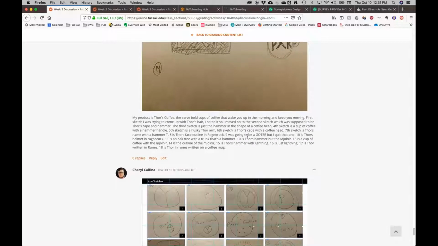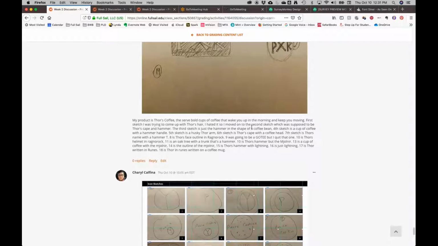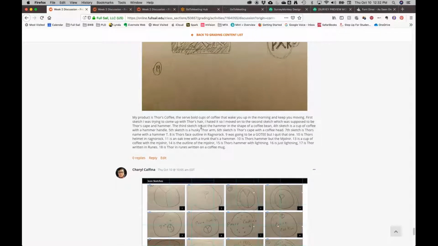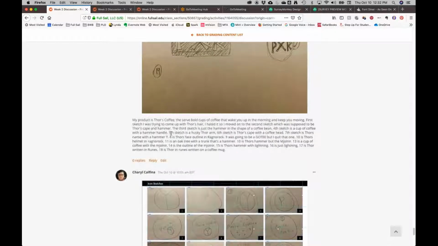All right, so the cape and the hammer. The hammer shape with a coffee bean. The 4th is a sketch of the cup with a hammer handle. Husky Thor arm.